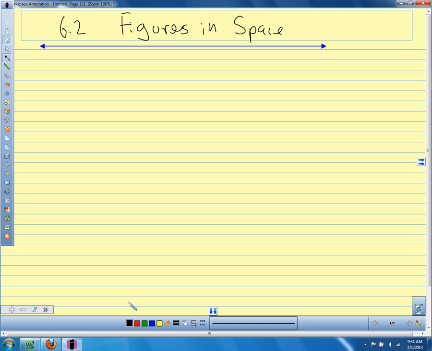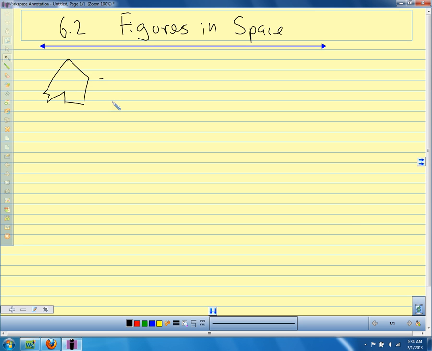So let's review really quickly. When we were talking about just flat, being in the plane, we had some shape that had some number of sides, didn't matter how many, and all of our sides were segments.